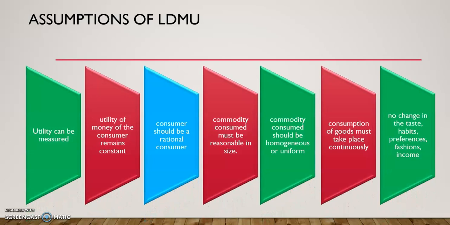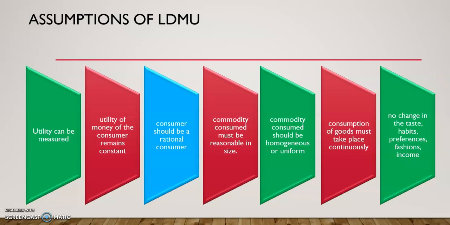This law of diminishing marginal utility is based on certain assumptions. In economics, we always say there is a ceteris paribus, which means other things remaining the same. Here also we consider certain things to be constant. The utility of money remains constant, and the consumer's tastes, preferences, habits and fashions will not change.